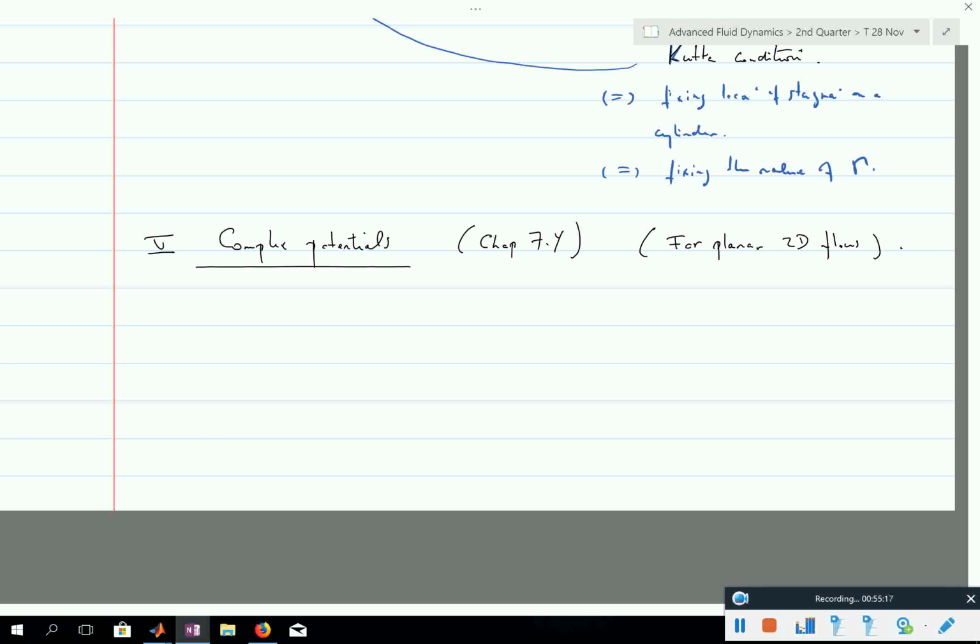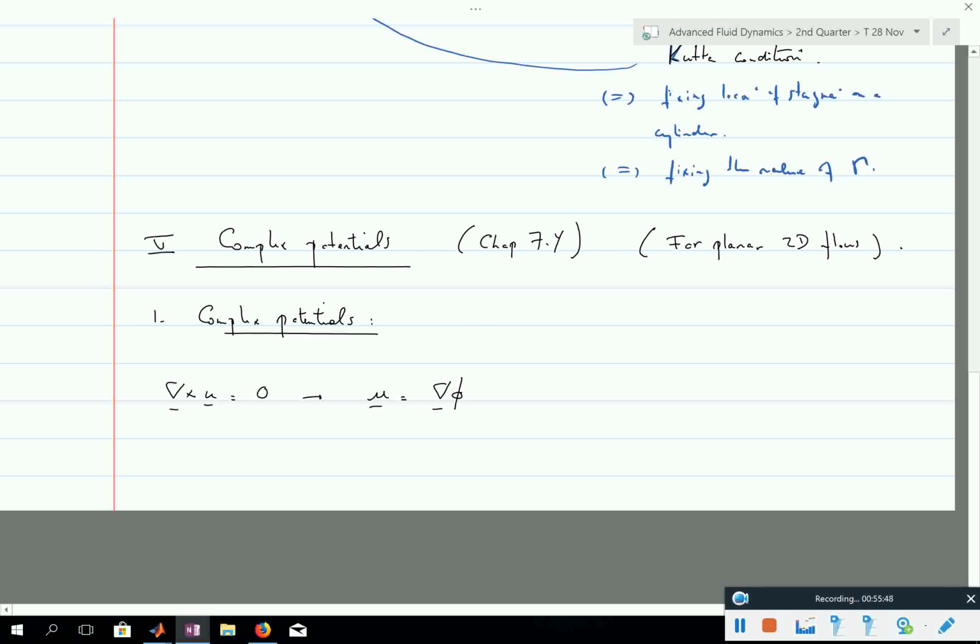So let's discuss number one, complex potentials. Okay, so at this point, remember we've discussed that we have an irrotational flow, and therefore our velocity derives from a potential.